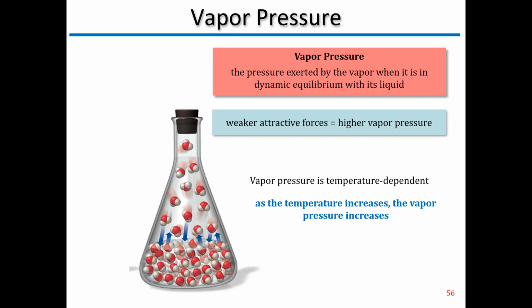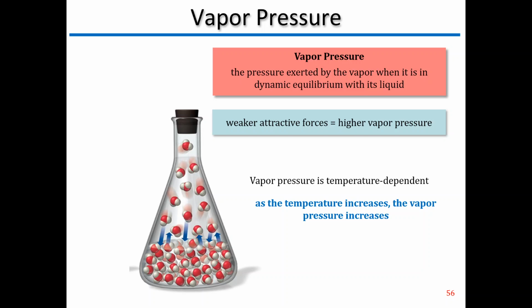But notice one very important thing here. For most of the properties we've looked at, stronger forces give us a higher degree of that property. In this particular case, weaker attractive forces give us higher vapor pressure. That's because if I have less pulling on the molecules, or less keeping the molecules in the liquid phase, the easier it is for them to enter the gaseous phase.